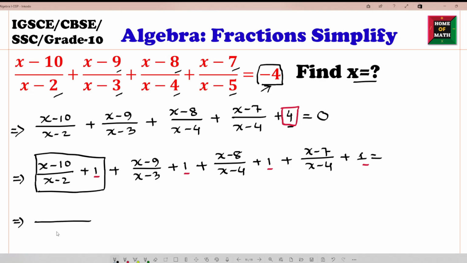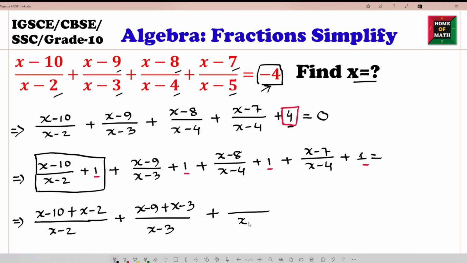Here the denominator is x−2, so we can write x−10 plus x−2. Again, this one is x−3, so here is x−9 plus x−3. Now the third one is x−4, so here is x−8 plus x−4. Now the fourth one, x−5, here is x−7 plus x−5, equals 0.